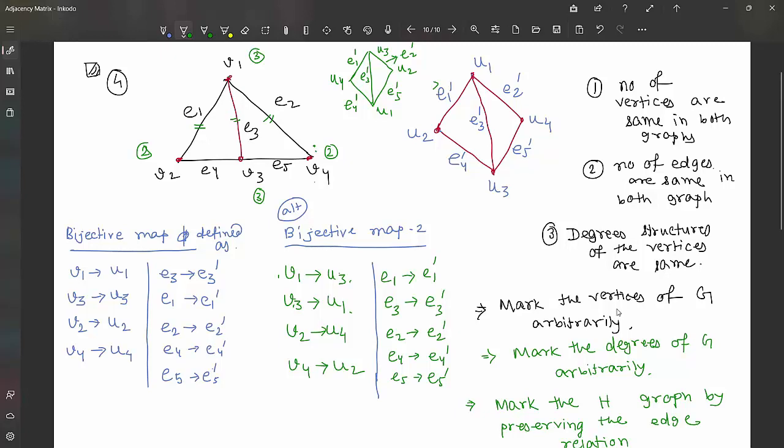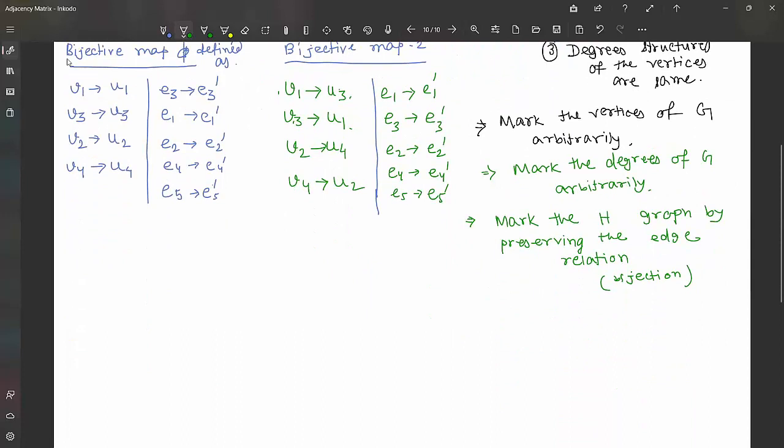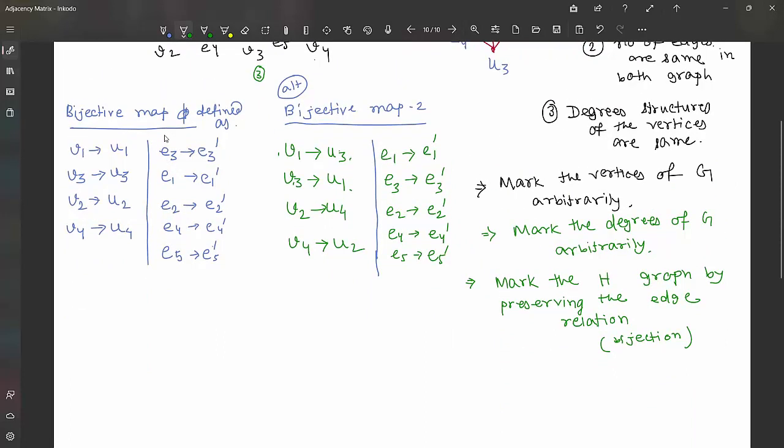But we will always prefer this first bijective relation, because you can represent it as: if phi is your bijection, then phi of Vi goes to Ui, where i is equal to 1, 2, 3 and 4, and under this phi the edge Ej goes to Ej prime, where j is equal to 1, 2, 3, 4 and 5.